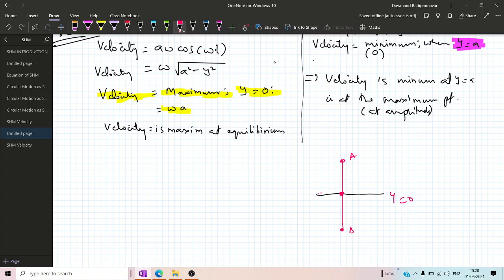At the equilibrium y is equal to 0, the velocity will be maximum, v equal to Vmax.